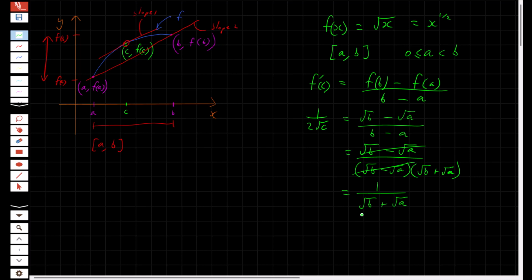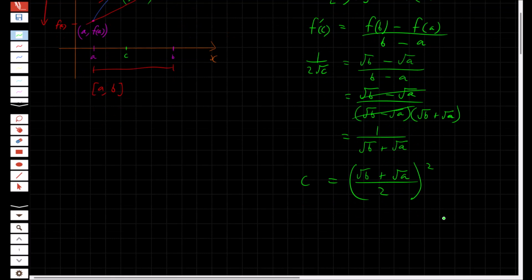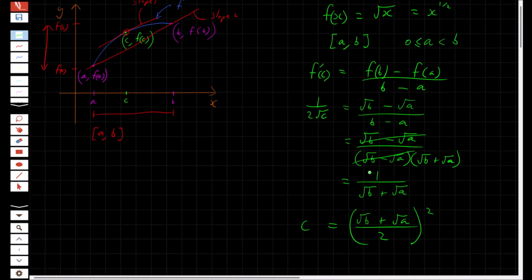We get c equals the square root of b plus the square root of a over 2, all squared. And we now need to show that this point c, this value here, is between the points a and b. So the point c has to be between a and b if the mean value theorem is to hold.